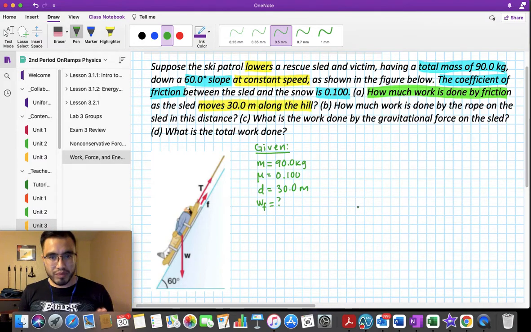Now, we have to know which equation for work we're going to use. And the fact that we have friction, we learned friction when we were learning about forces. So we have to find the force of friction across a distance, which means the equation should be force times distance times the cosine of theta.